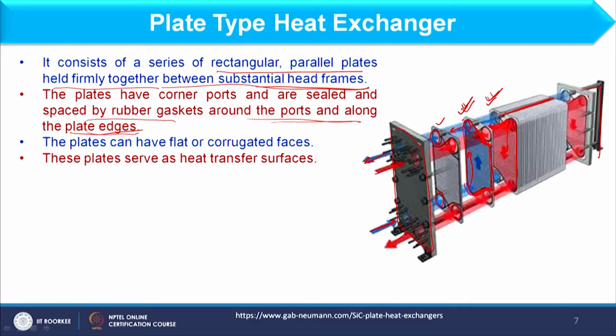I have already explained how the gasket is placed. It will not allow another fluid to enter into one plate, so mixing of fluids on a plate is not possible here. Separation of fluid occurs through this gasket. Now what will be the distance between two plates?